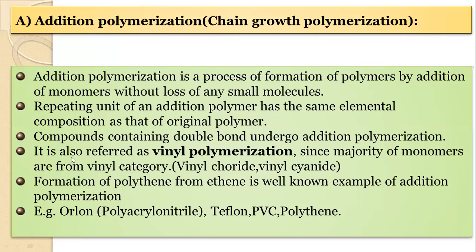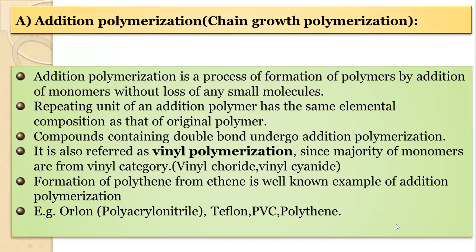Then it is also referred to as vinyl polymerization. Vinyl polymerization means a vinyl group should be present. Since the majority of the monomers are from the vinyl category, for example vinyl chloride and vinyl cyanide. From the monomer vinyl chloride, polyvinyl chloride, PVC pipes, are prepared. And by using vinyl cyanide, polyacrylonitrile or polyacrylocyanide is prepared.